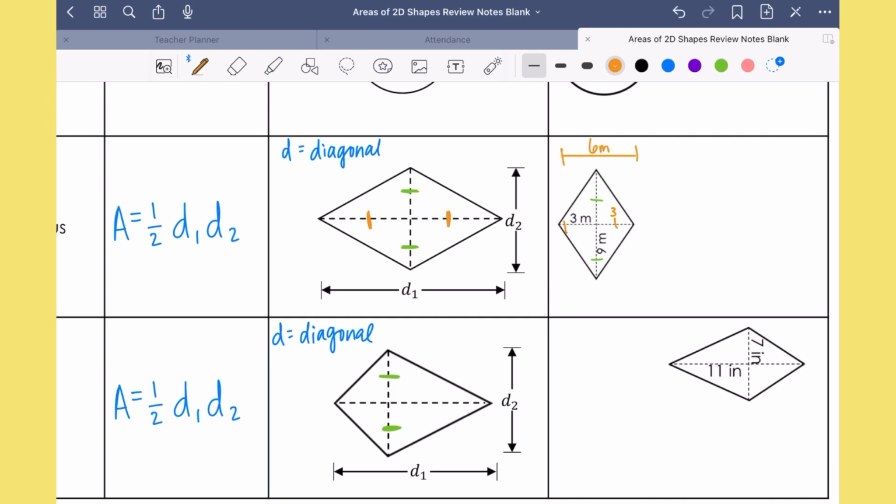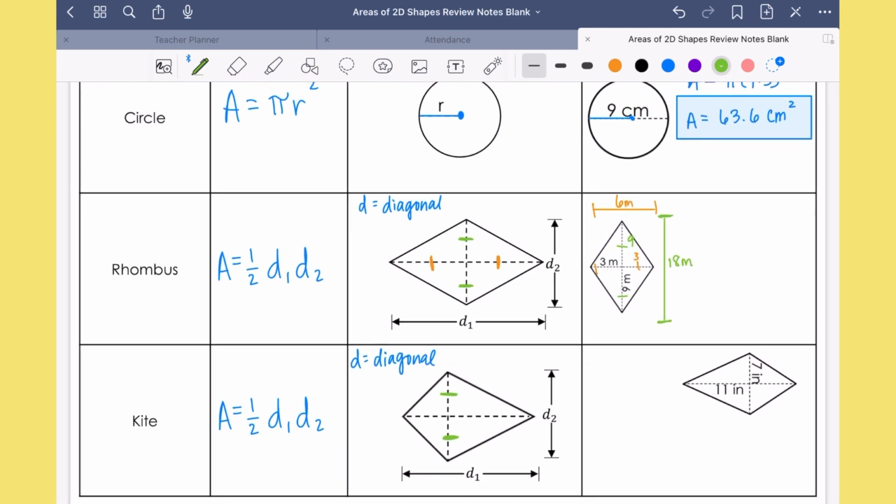So that's diagonal 1. And diagonal 2 starts up here. We're going to go all the way down. So I have 9, and this is also 9. So what's 9 plus 9? 18.